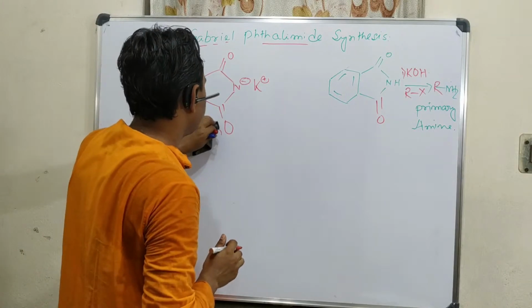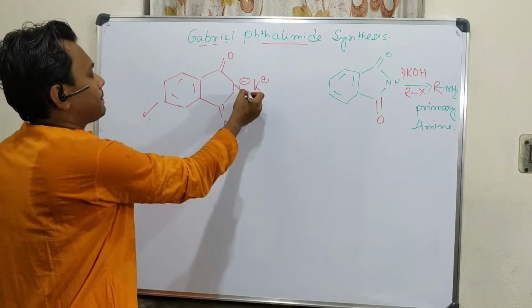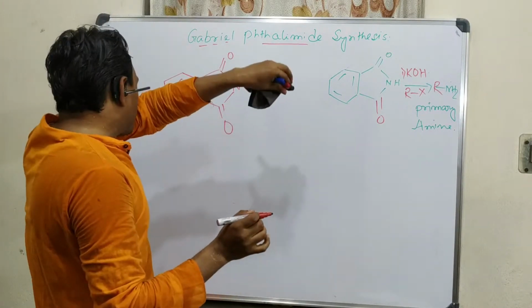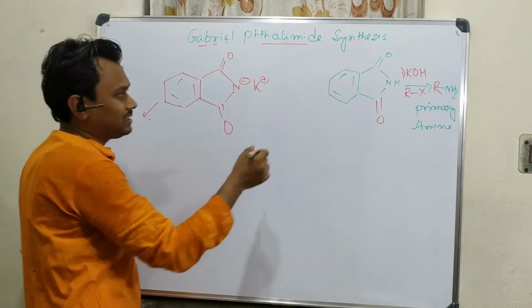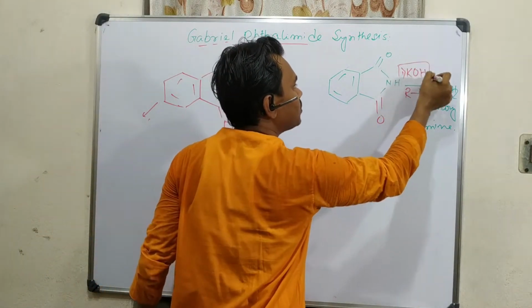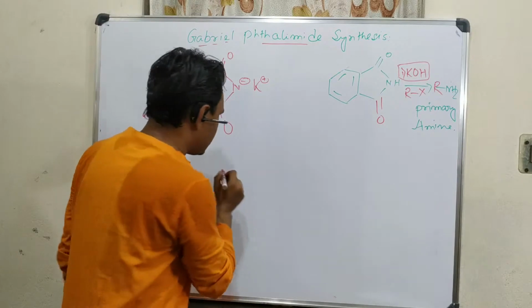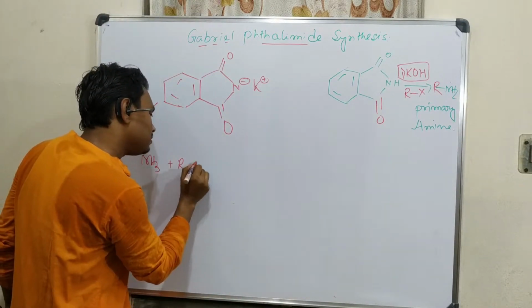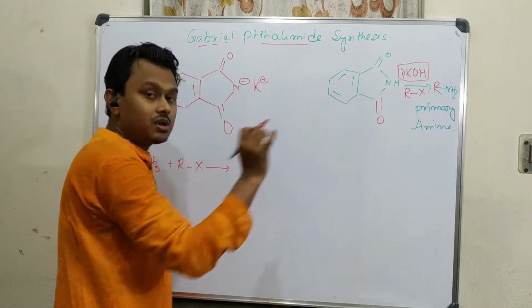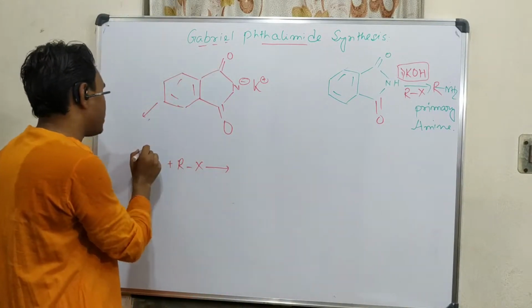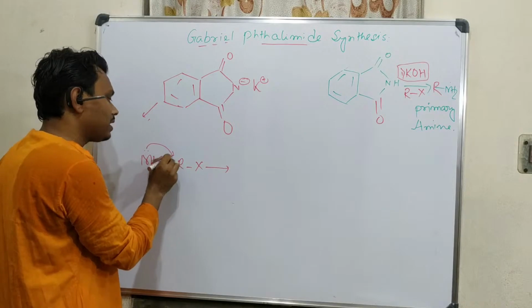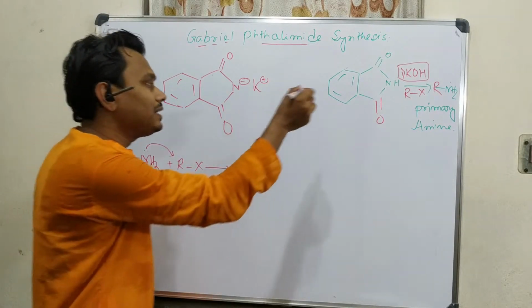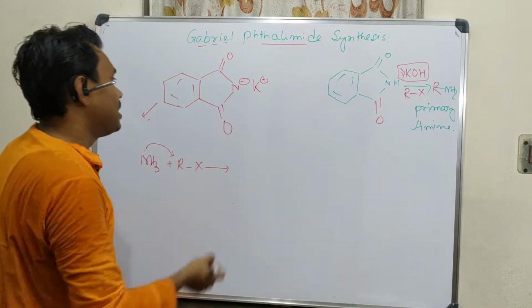Okay, fine. Now you can see. But one thing, why do we need KOH? Isn't it possible? Because previously we showed that ammonia plus RX, then alkylation happens, primary, secondary reaction. So it is possible that alkylation could be done using this ammonia. Then why is this base required additionally?